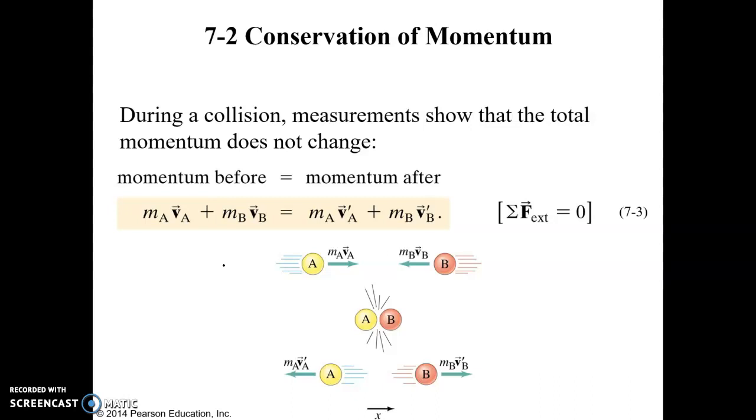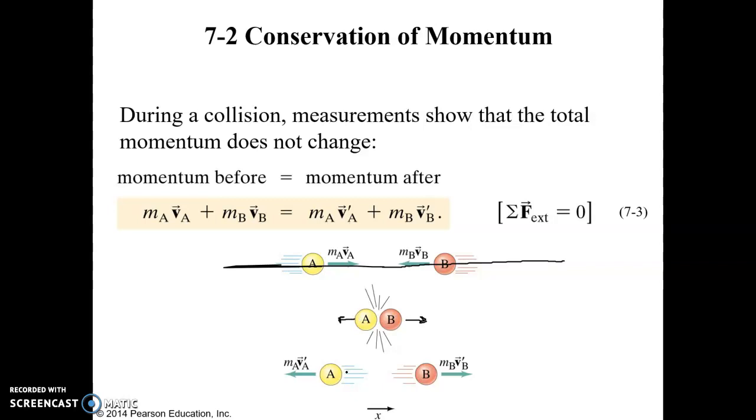So if we have this line here, they're each moving along the same line, and in this case, they're moving towards each other. So object A is moving to the right, object B is moving to the left. They're going to collide, and so momentum is going to be transferred over a short period of time, and so essentially they're going to cause forces on each other.